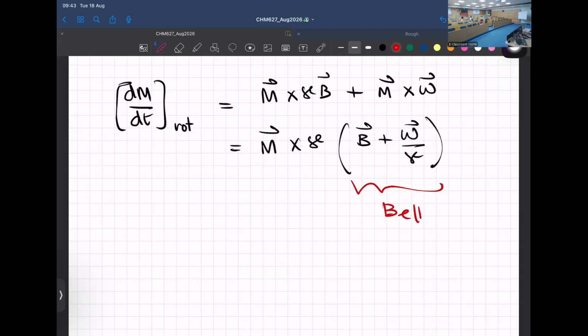In the rotating frame as well, you have an equation that's very similar to what you started off with. The rate of change of magnetization is given by the cross product of the magnetization with an effective magnetic field, because there's a proportionality constant to make sure units are taken care of. And gamma is a constant for a given spin, right? It's still M cross B, if you realize.